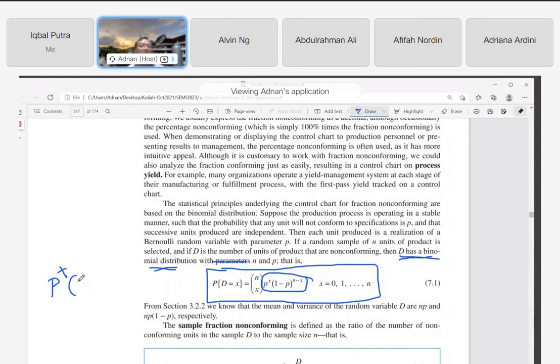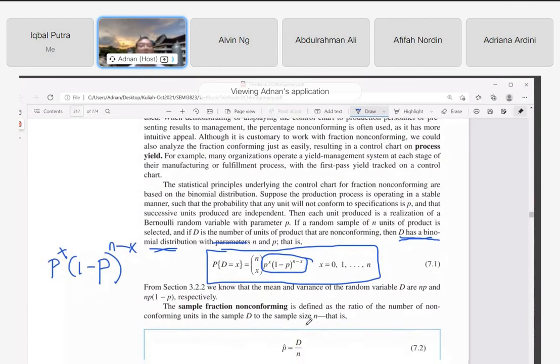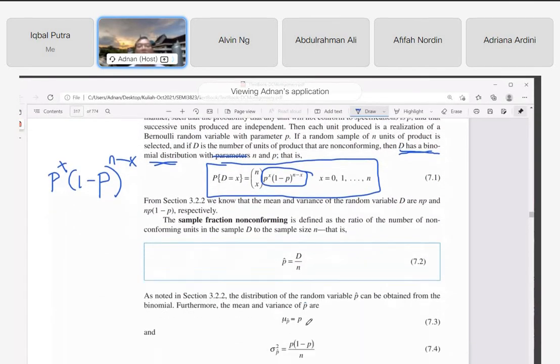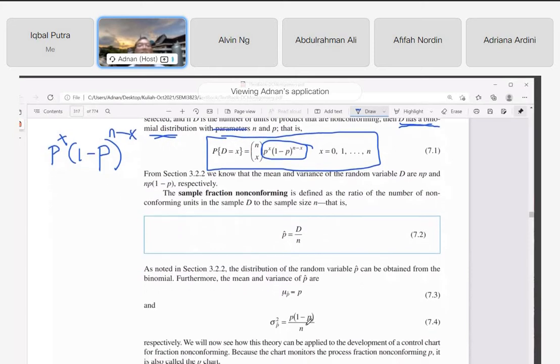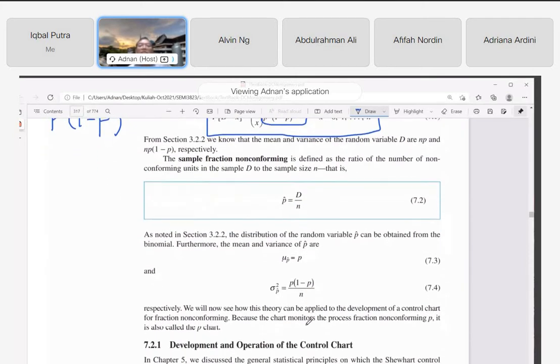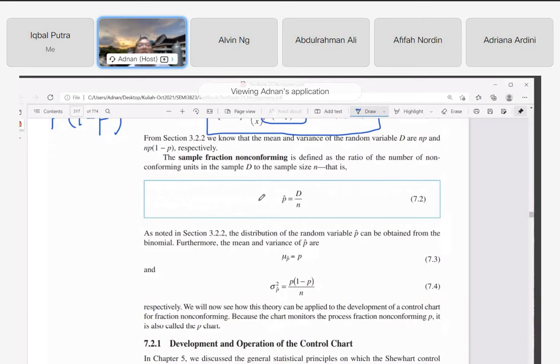P, after that you have 1 minus P, meaning the opposite of it, N minus X. Don't worry so much if it's not really clear to you, because the formula we're going to use later on is very simple. So just understand the estimate of the proportion, which is P cap, this estimated value, equal to D over N.